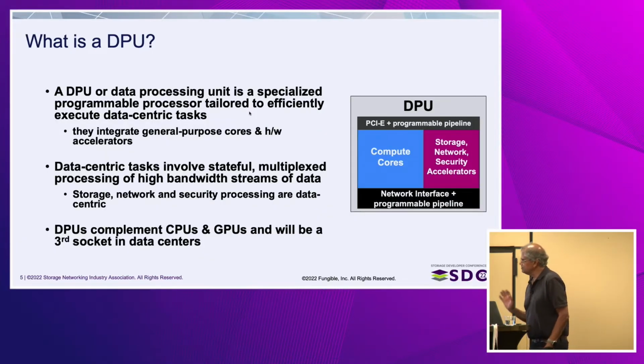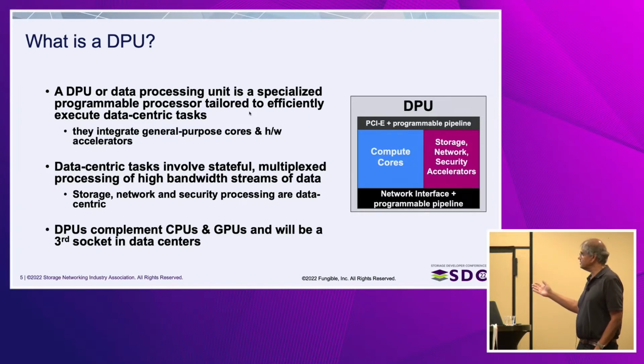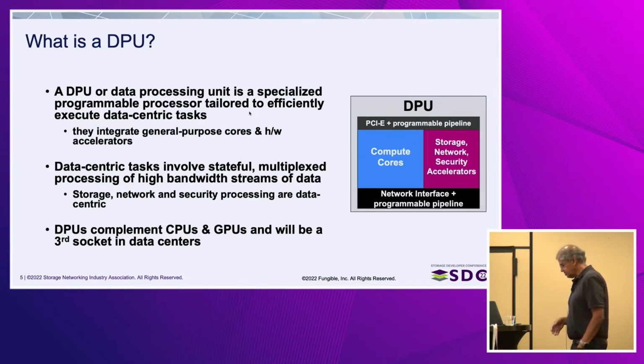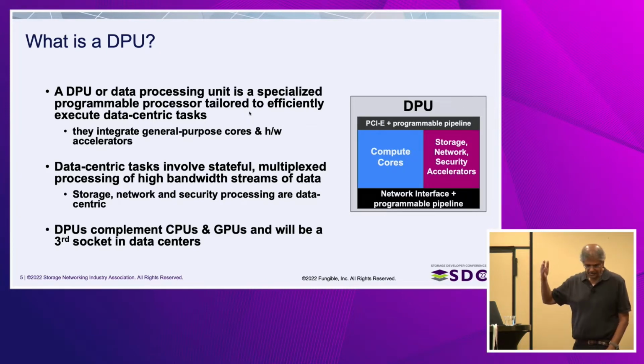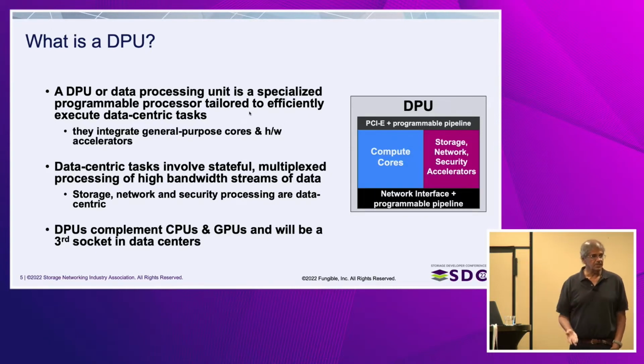Now, I'm sure most of you have seen a chart like this or know enough about DPUs to know that DPUs have compute cores, they have accelerators, they're programmable. I think some of you were at the previous talk. You write code in C. But they're very tailored to do data-centric tasks, and they communicate PCIe to SSDs or PCIe to hosts, and of course you have network ports on the other side.